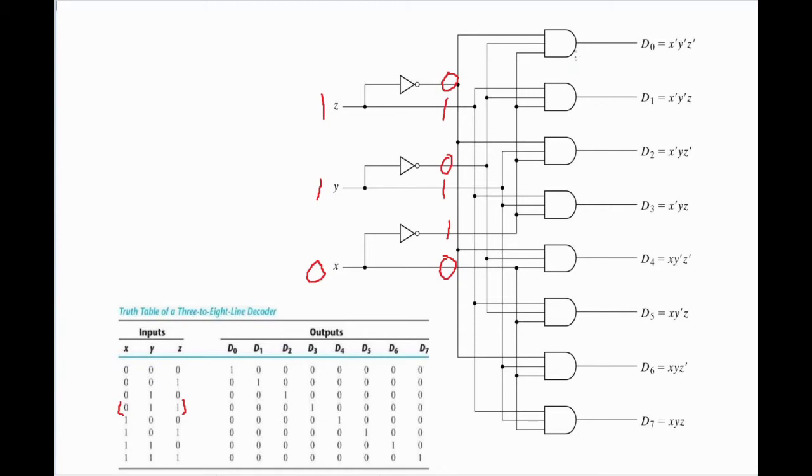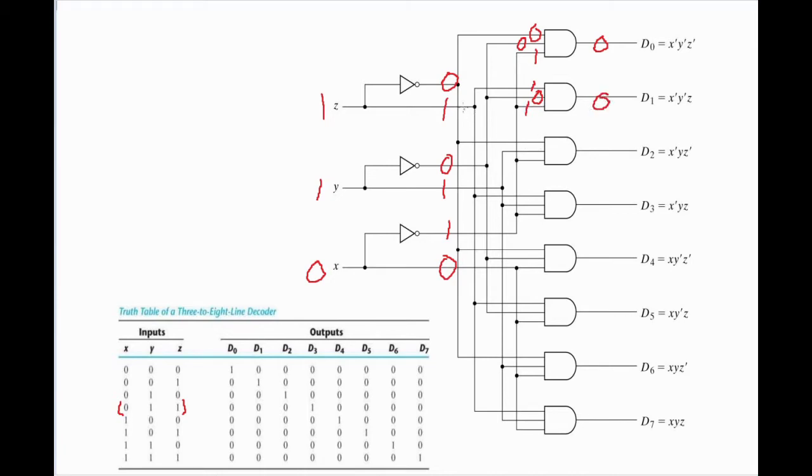So here the first line is 0, and the second line is also 0, and the third line is 1. But this is an AND gate, so it will get 0 here. Here we'll get 1, we'll get 0, and we'll get 1. Still we are going to get 0 here.